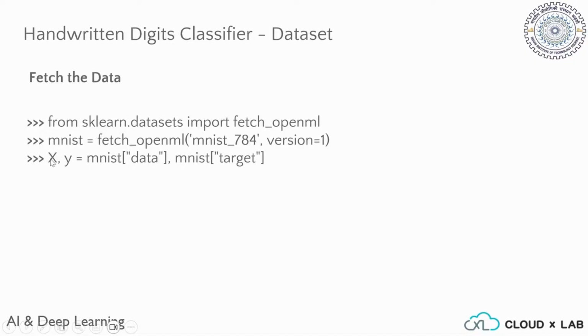So how many rows will be there in X? 70,000, the total number of data points. And the number of columns will be 784 because there are a total of 784 features in each image. Y again will be a column vector of size 70,000 by 1 because for each input we will have a corresponding output, right?